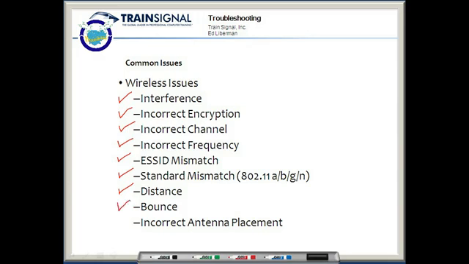Next we have bounce. Bounce is an issue with a couple different areas. One could just be the literal issue, where you have a signal that is bouncing off different physical objects. So the signal's not actually going where you want it to, and maybe it can't even get to where you want it to.